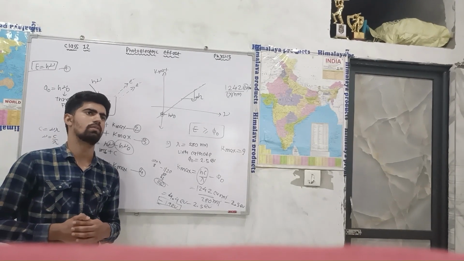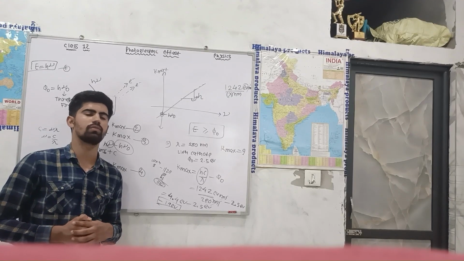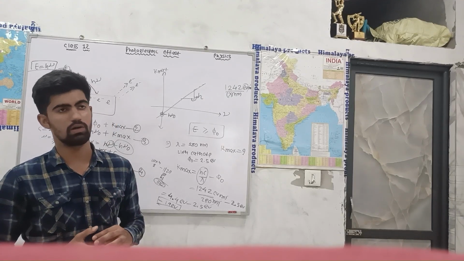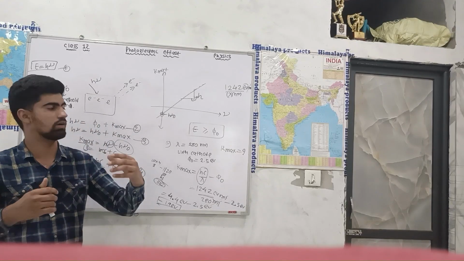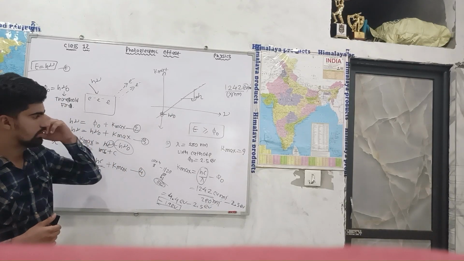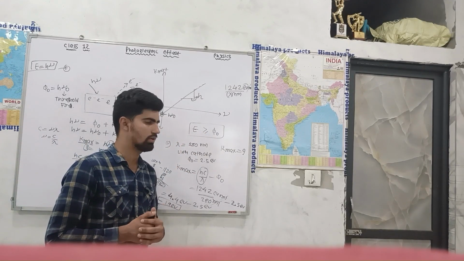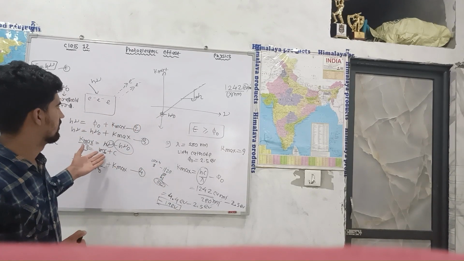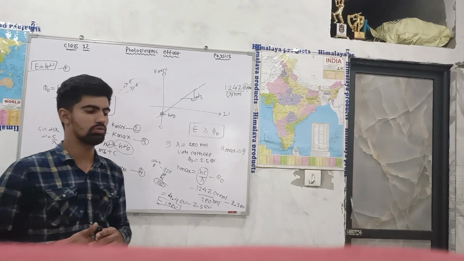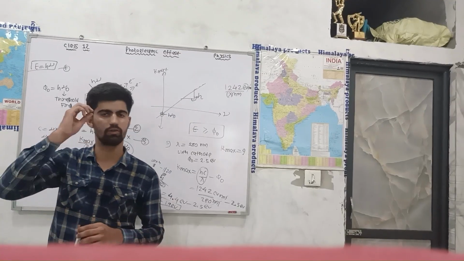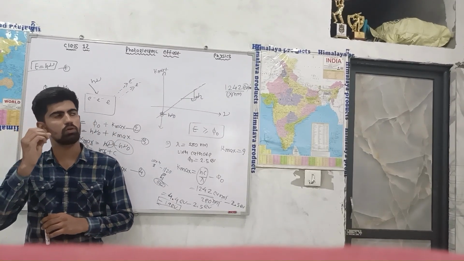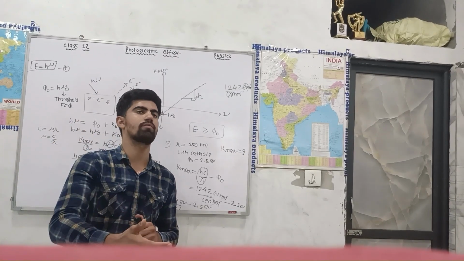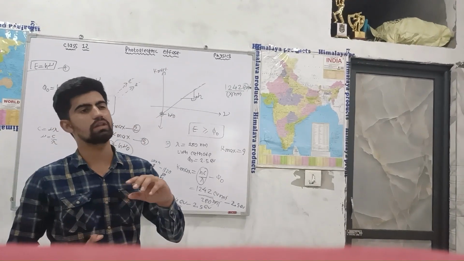So this is the photoelectric effect experimental part: how the photoelectric effect occurs, what the conditions and requirements are, how we get the formulas, what threshold frequency is, what threshold wavelength is, and what the work function is. Concluding, every theory has real world applications.